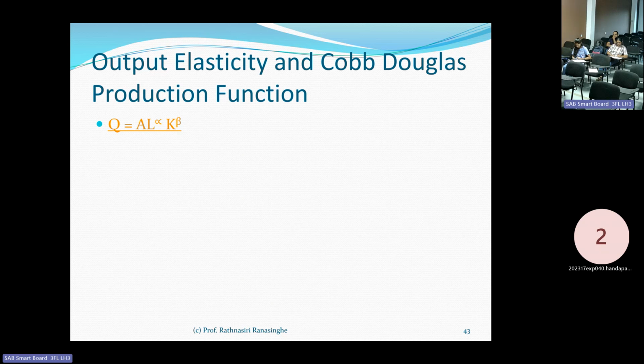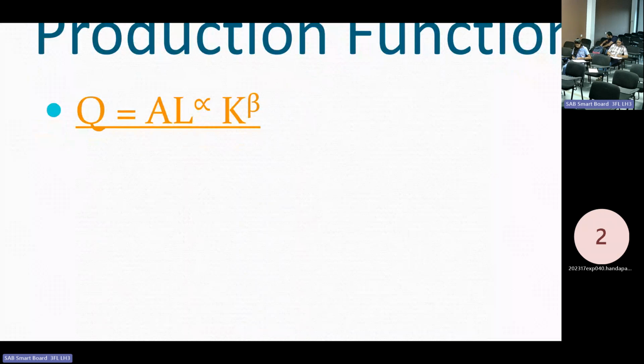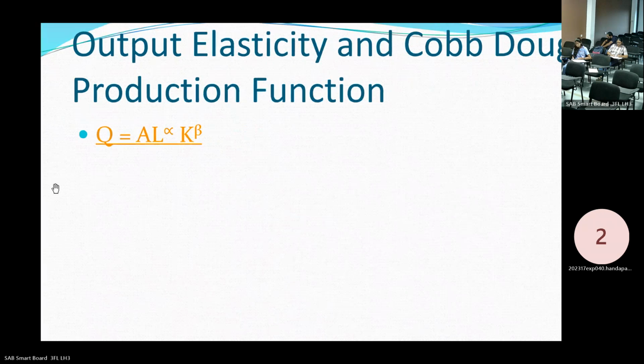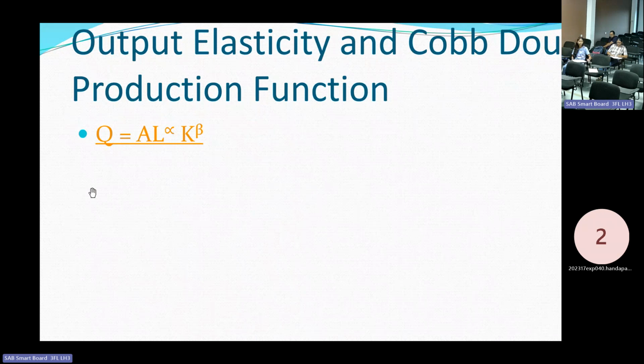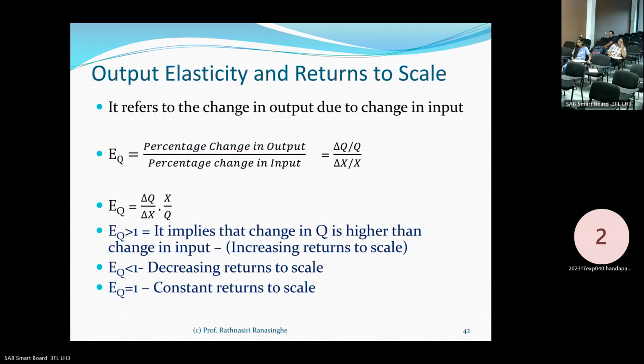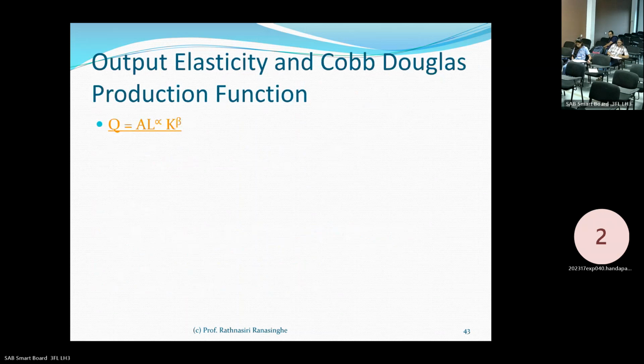In the equation, the coefficient explains the relationship between the variable and the other variable, dependent and independent variable. So here we know that both labor and the capital change.